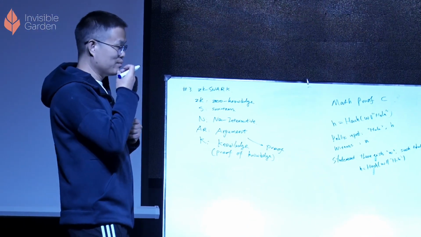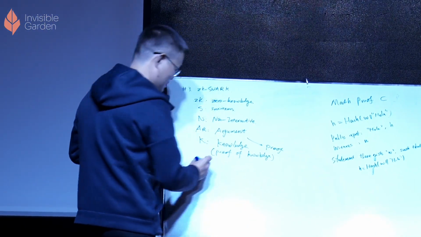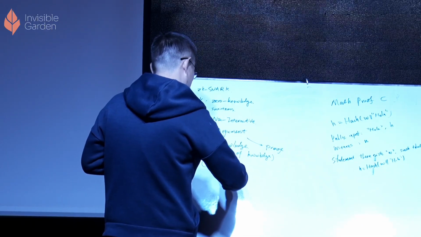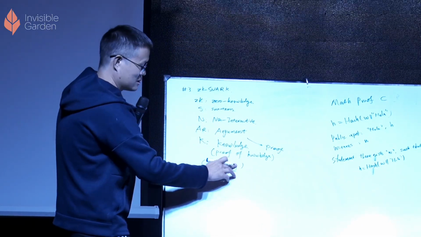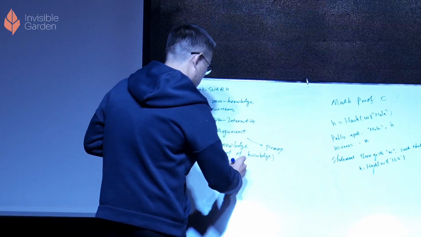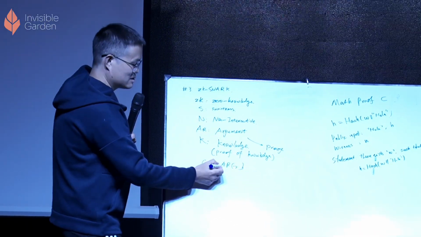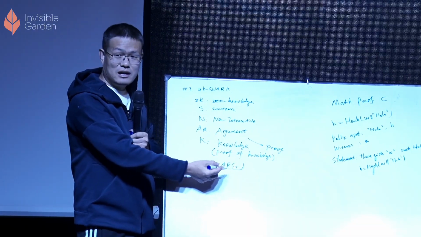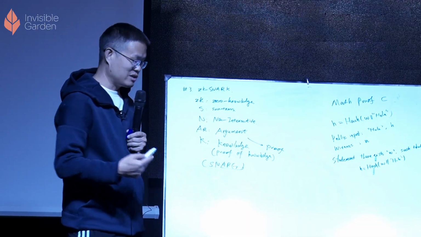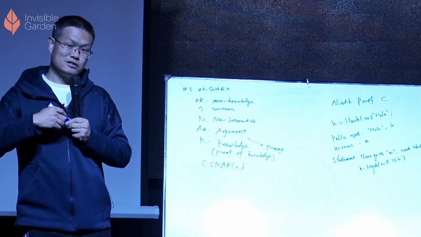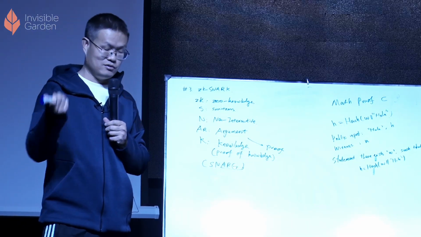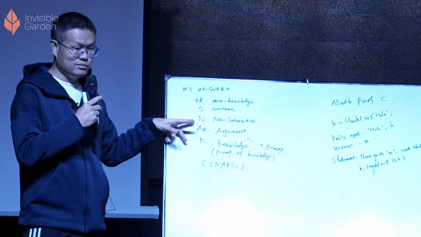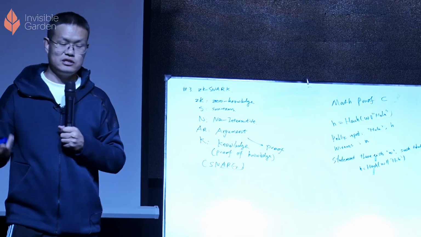Then we may say another term called SNARK. SNARK means the argument, without the K. So SNARK means that probably this proof does not ensure that the prover has knowledge. In some applications, this feature is very important. For example, the digital signature.